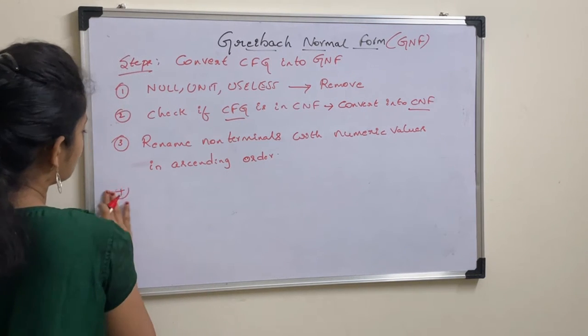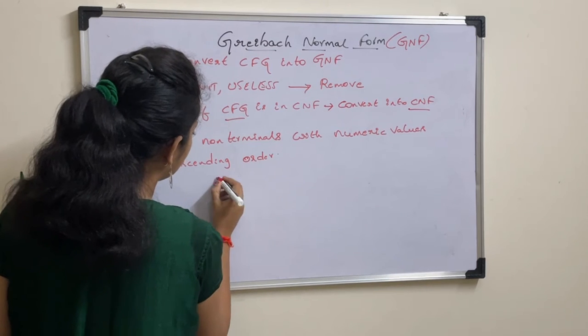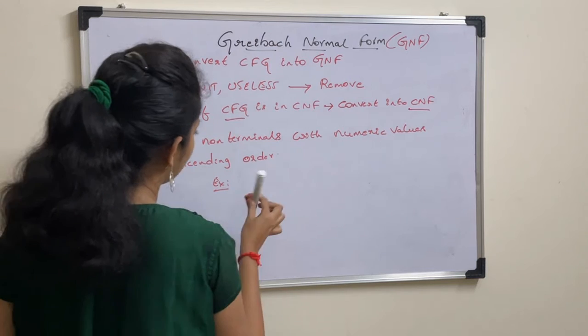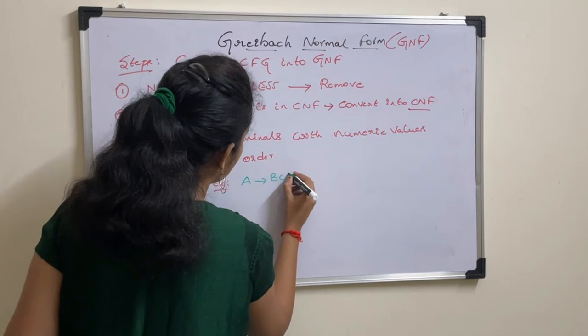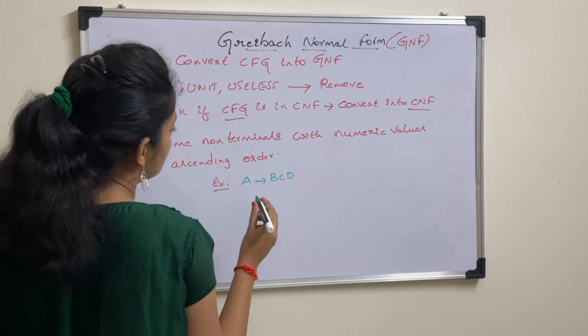Let's see one example of how to rename. Suppose I have an example like this: A derives BCD. Then we need to provide names to these symbols.